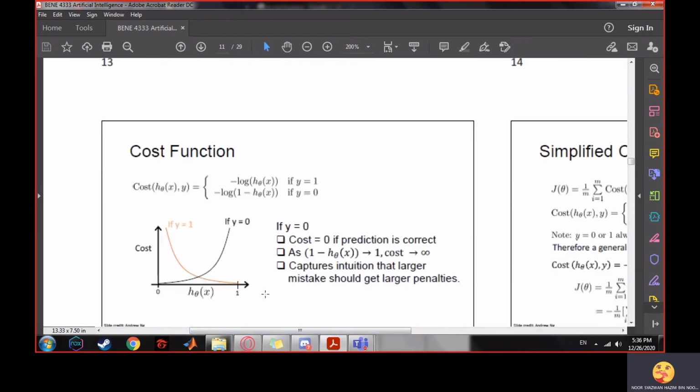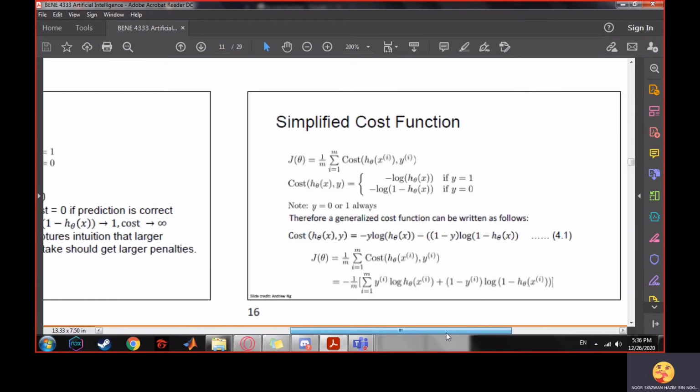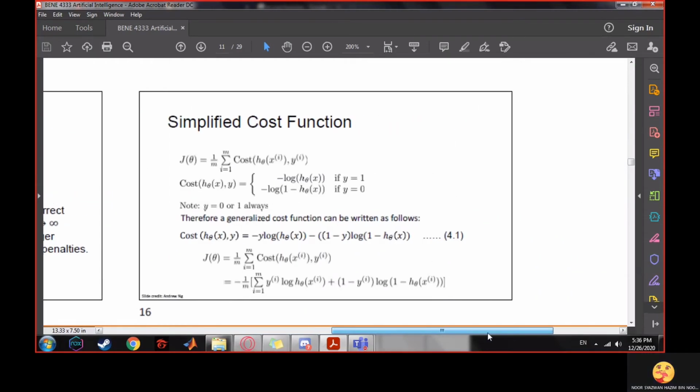For the equation of negative log of 1 minus h of x, in the case of y equals 0, we can see that there is another line which is the opposite of when y equals 1. This line represents the equation and it is the total opposite of the previous equation.